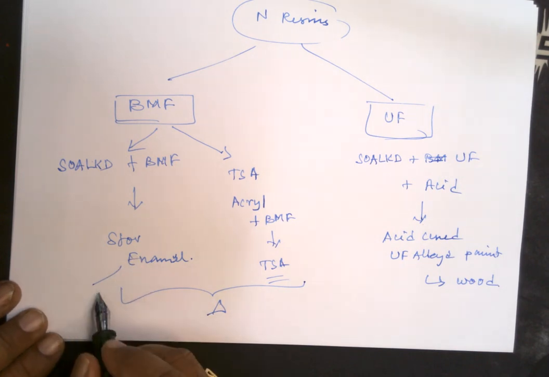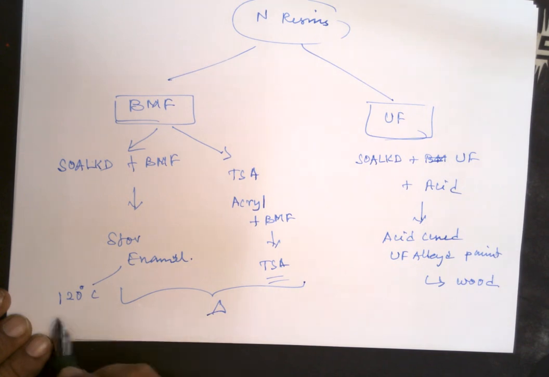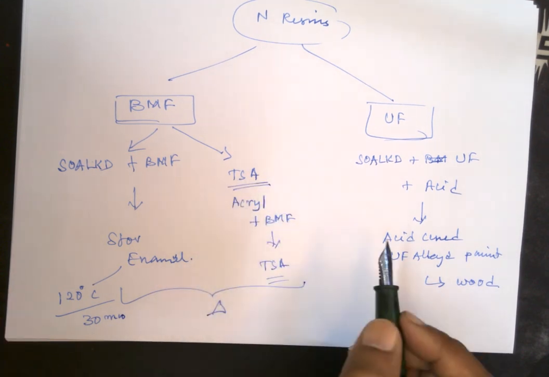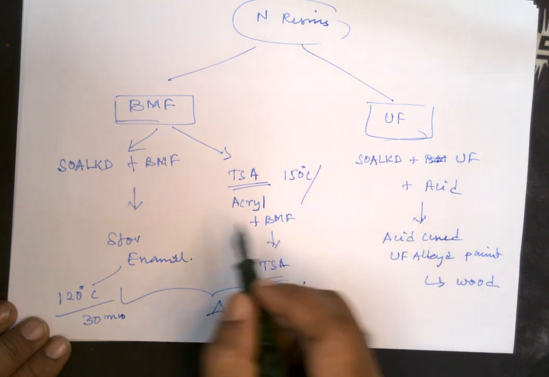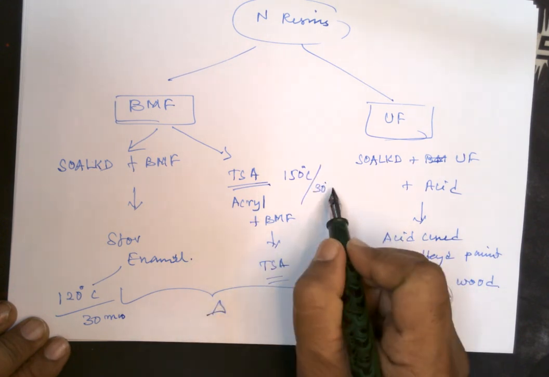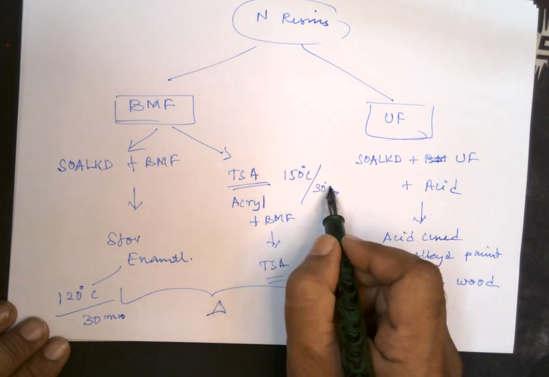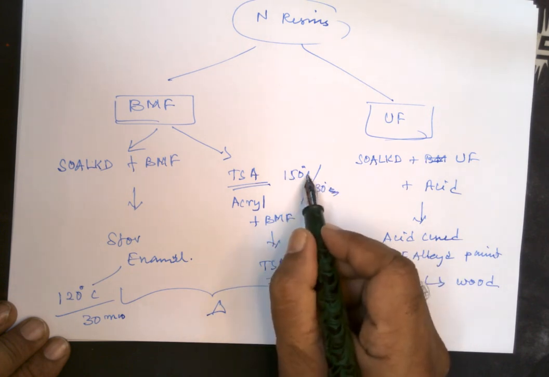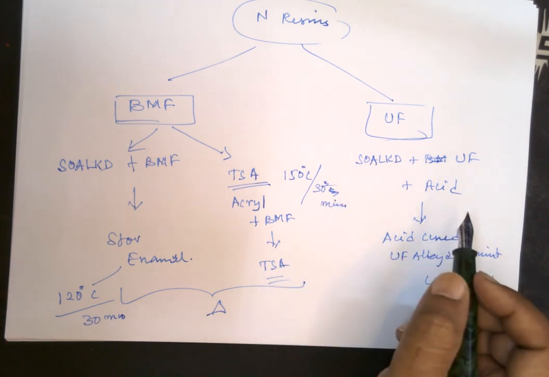In stoving enamel, it will be around 120 degrees centigrade kept for 30 minutes. But in the case of thermosetting acrylic, normally 150 degrees centigrade is maintained for 15 to 30 minutes.